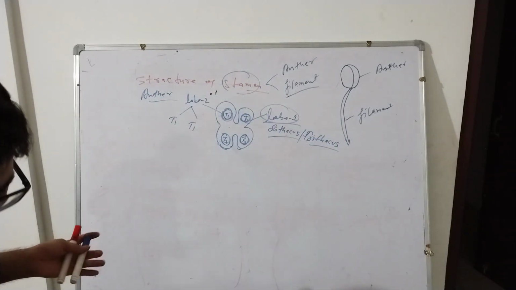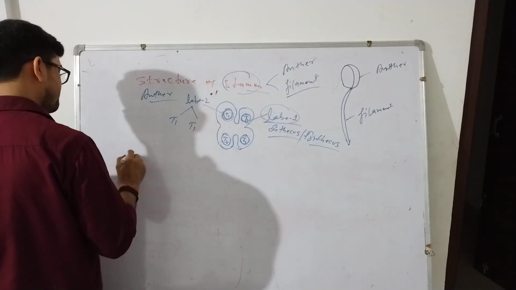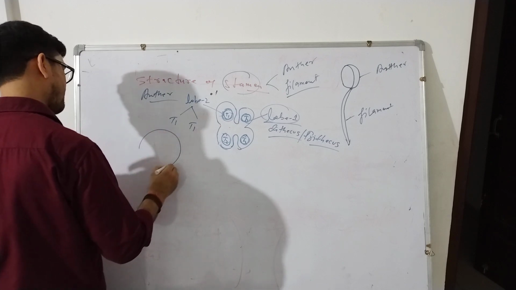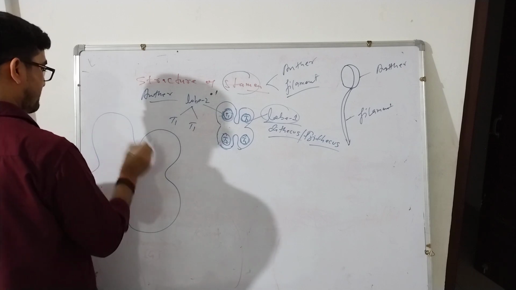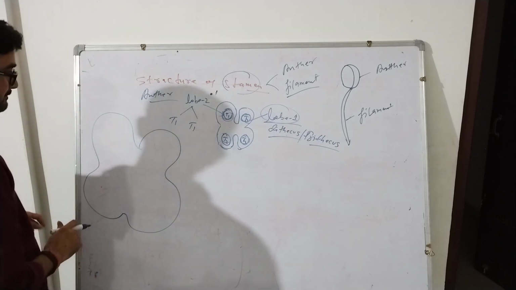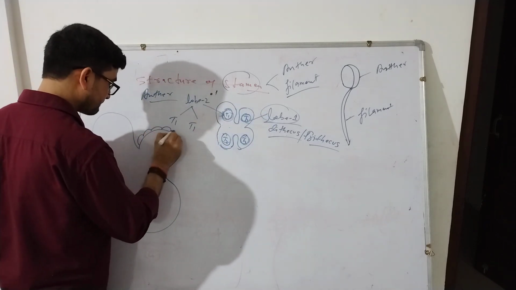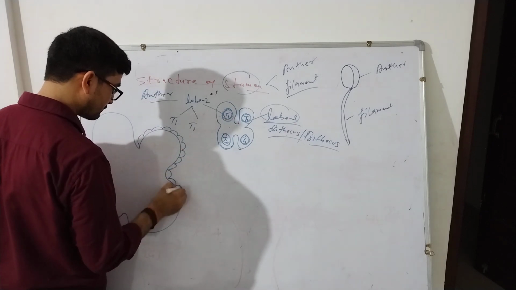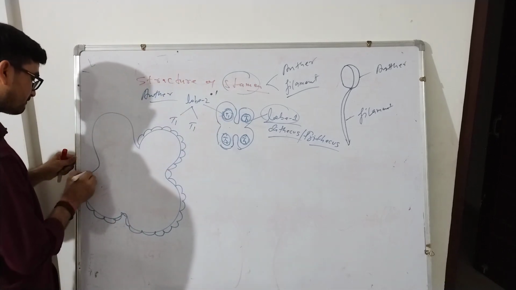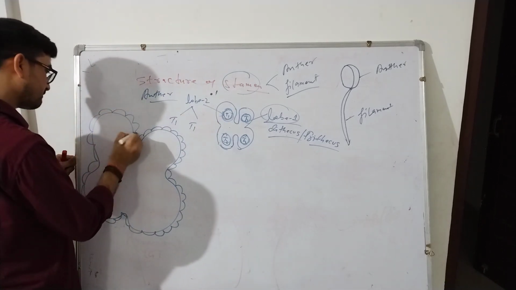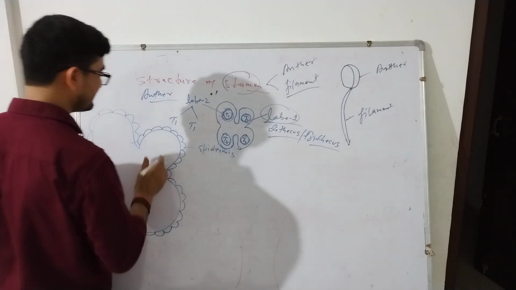So this is a picture of a young anther. This is the epidermis layer of the anther.